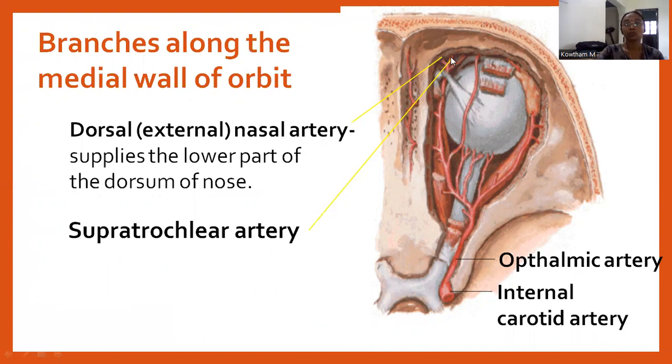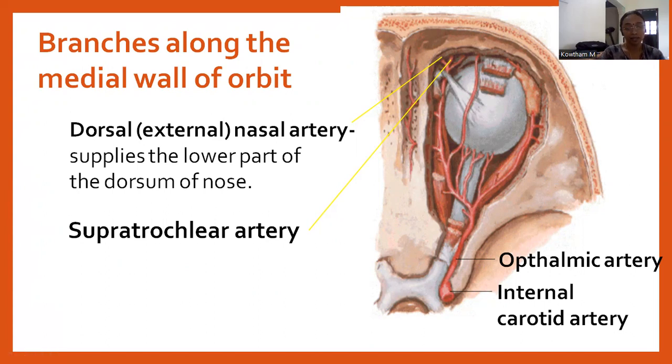So what are the two terminal branches? One is the supratrochlear artery and the other is the dorsal nasal artery. The supratrochlear artery accompanies the supratrochlear nerve. It supplies the medial part of the forehead. Then comes the dorsal nasal artery. It supplies the lower part of the dorsum of the nose. It anastomoses with the facial artery.